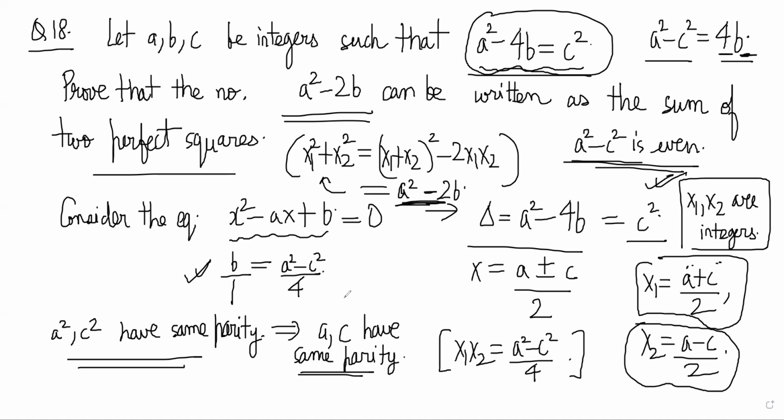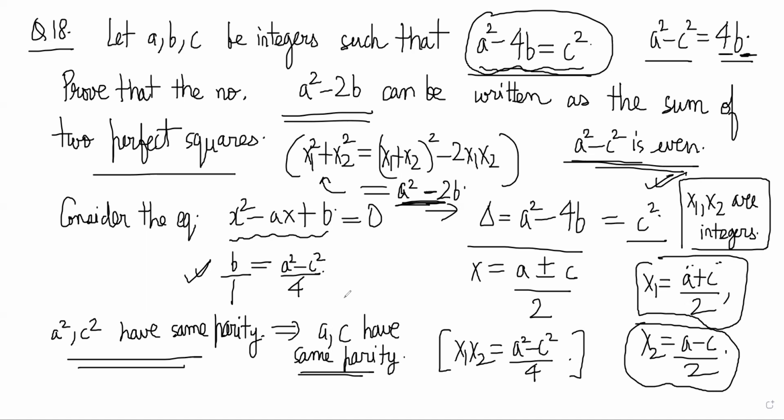So a tricky solution here: we had a, b, c are integers and a square minus 4b is c square. We looked at the quadratic equation x square minus ax plus b because the discriminant of that is a square minus 4b, which was c square. So we got the roots of that quadratic pretty simply. The roots are a plus c by 2 and a minus c by 2. From the relation a square minus 4b is c square, we know that a square minus c square is even, which means a square and c square are both odd or both even.